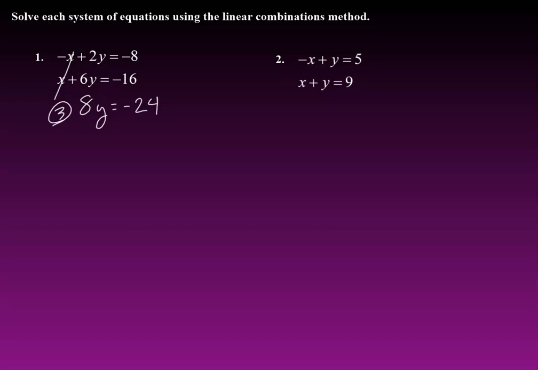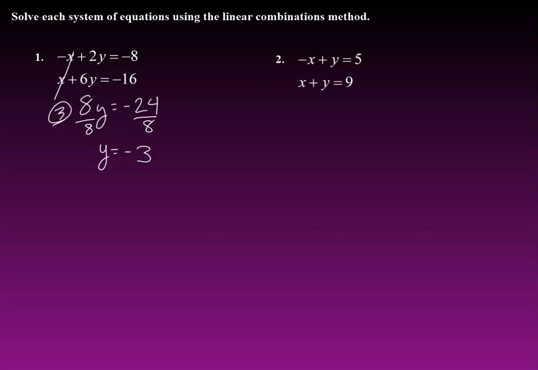Then we're going to go ahead and divide both sides by 8. And so we get y equals negative 3. Okay, so step 3 is to add them and solve for whatever's left.